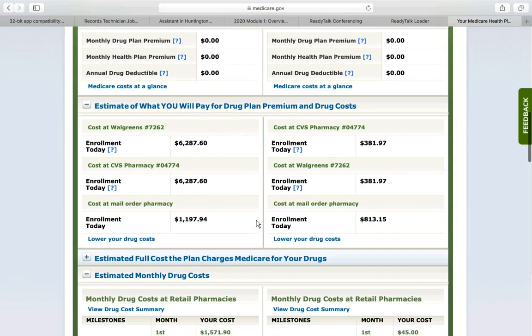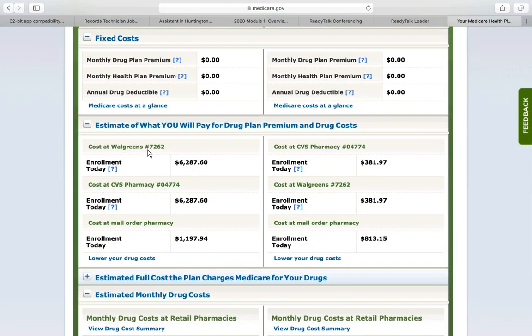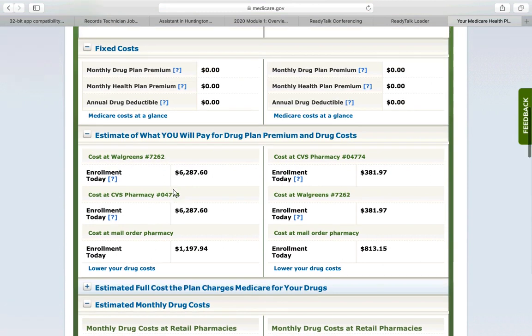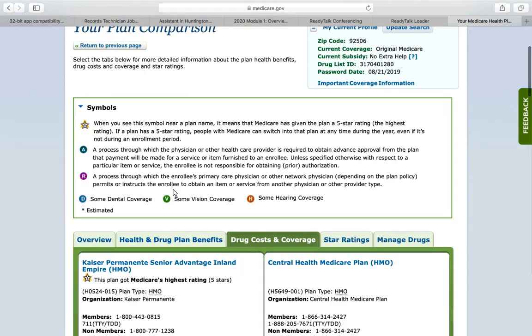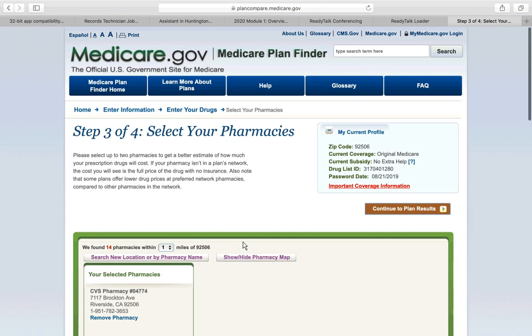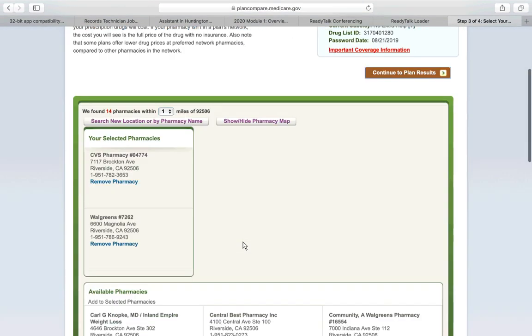Okay, so this is showing us some really whack numbers with Kaiser because obviously it's not showing us the Kaiser pharmacy. So first thing we would have to do here is also select a Kaiser pharmacy. So let's go back here. We're going to eliminate Walgreens.